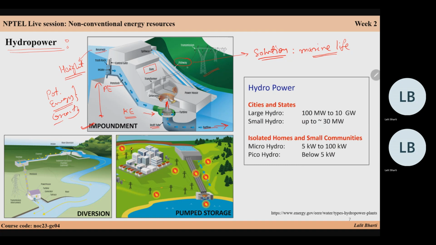So the second kind of these are large hydro stations or large hydropower, which can be from 100 megawatt to 10 gigawatt, depending upon the size of the dam, the size of the reservoir, and the number of turbines, generators, etc. The second kind of hydropower is the diversion type of hydropower. So basically, it can be a smaller hydro station which can be up to around 30 megawatt.